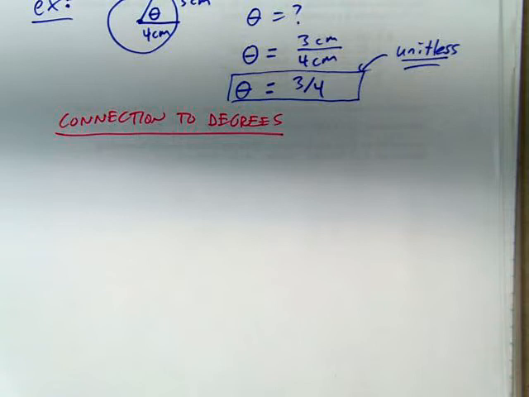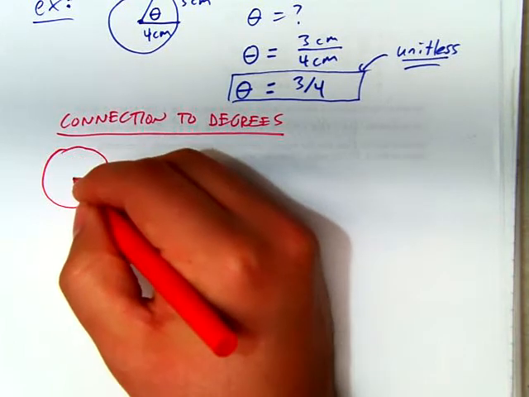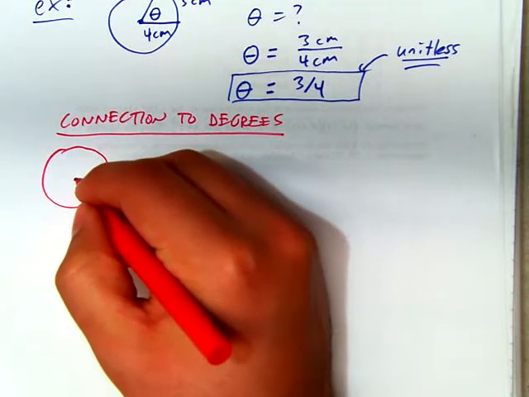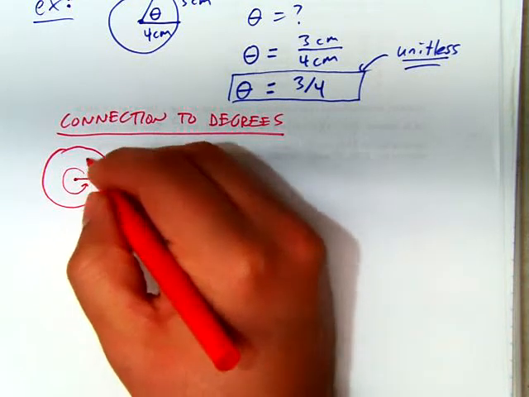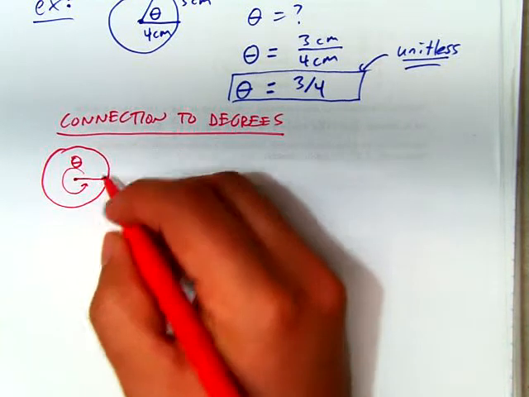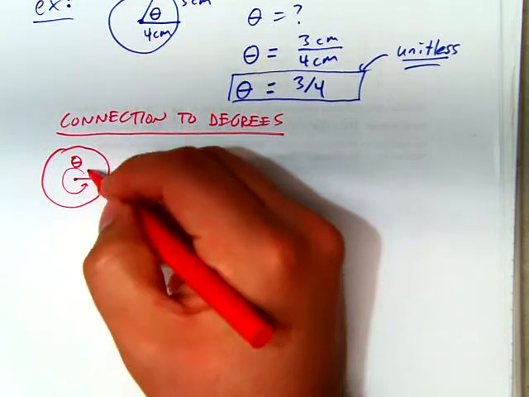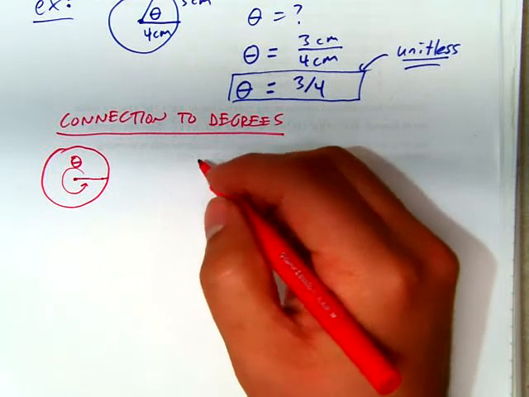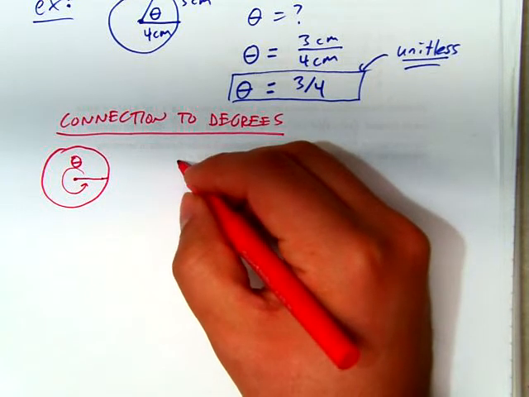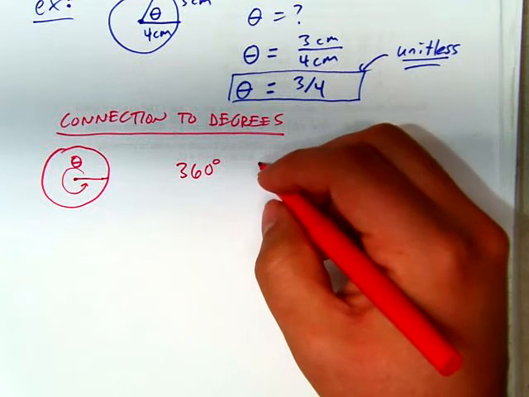And we'll actually start with this example again. Let's say we have a circle and we're interested in finding this entire angle. So not just a little part of a circle, but all the way around the circle. Well, we know that a circle has 360 degrees all the way around.